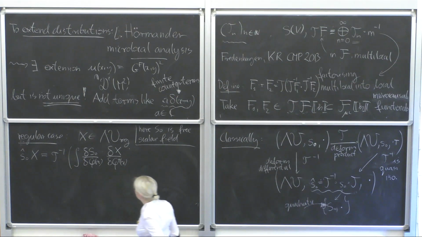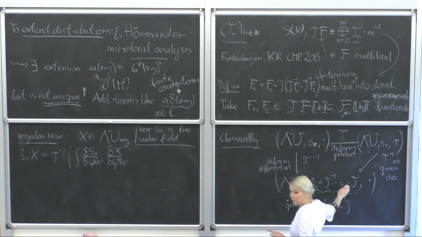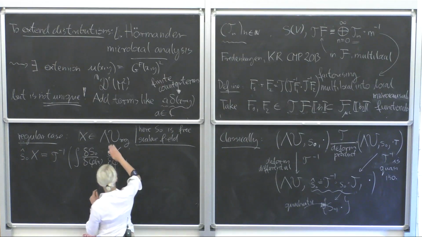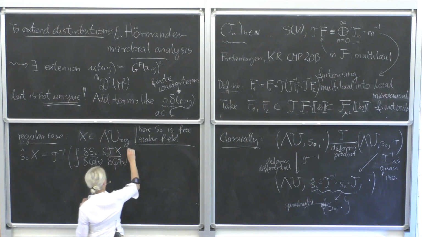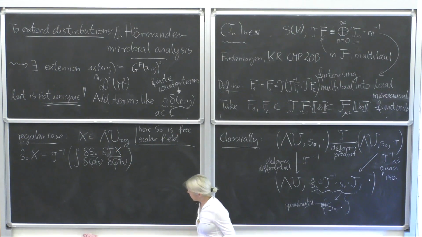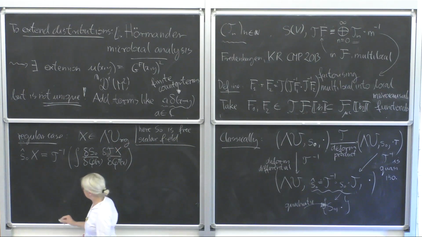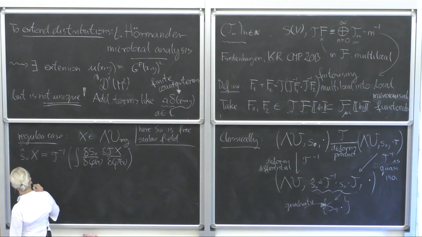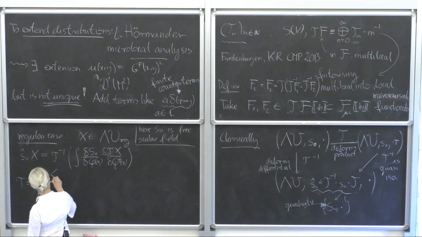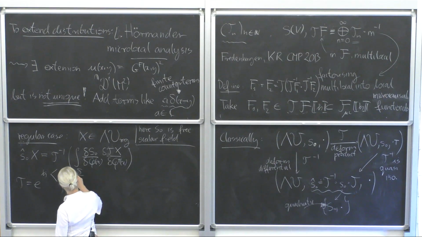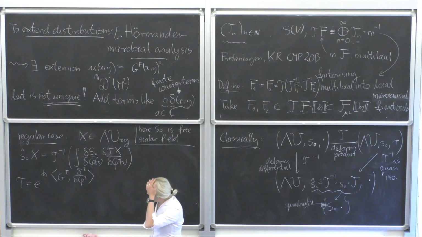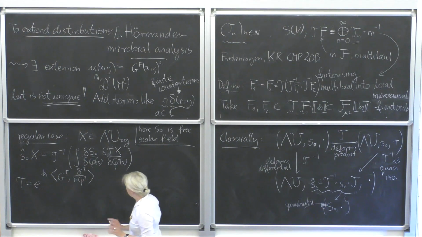I forgot, there's also this T I need to apply, so what I want here is actually Tx. You remember, in the naive situation this was given like that. Now I'm applying T minus 1.